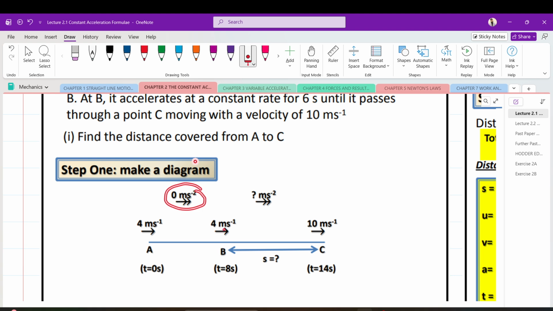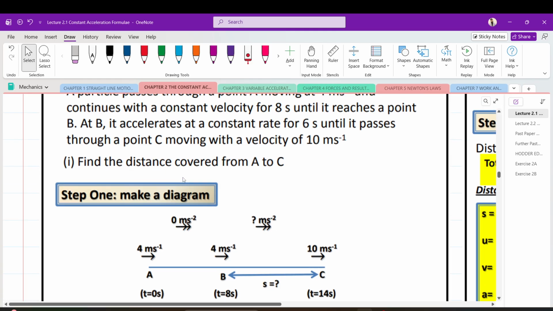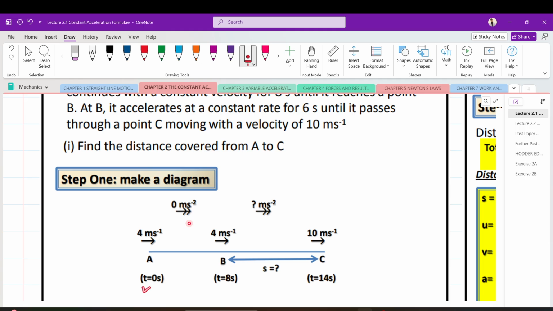Now from B to C, it does not tell you what the acceleration is, but it does tell you that it moves for a further 6 seconds, and at constant velocity it was moving for 8 seconds. So that means you have the total time. This is t = 0, this is t = 8, and 8 plus 6, that is t = 14. The final velocity at which it passes through point C is 10 meters per second. So this is everything that we know, and we have written all of these values in a small quick diagram.